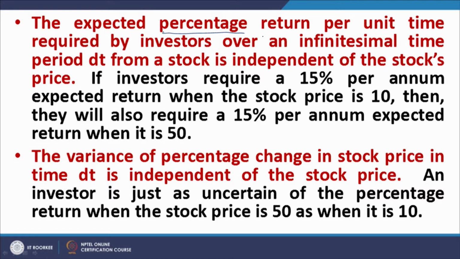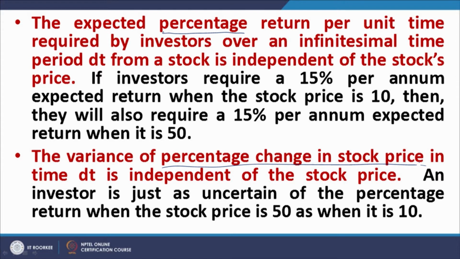The second postulate: the variance of percentage change in the stock price in time dt is independent of the stock price. Please note the variance of what? Again, the variance of percentage change in stock price. This is important. It is not the absolute stock price which is relevant here, it is the percentage change in stock price which is relevant.